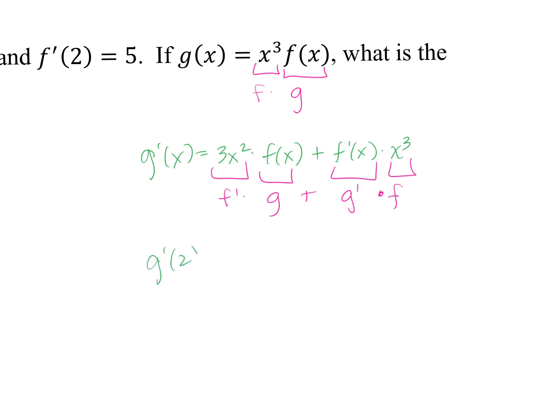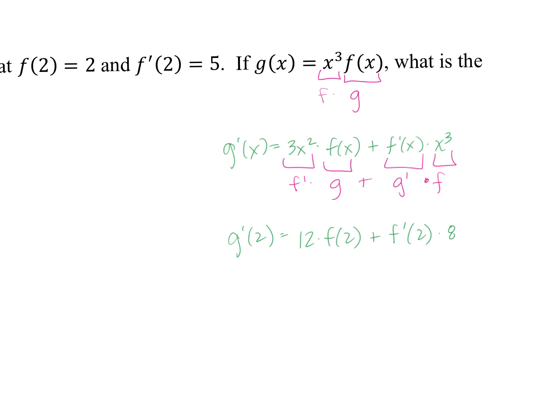G prime of 2. I'm going to plug a 2 in for every x. 2 squared times 3? 12. Times f of 2. I'm going to write it out. You guys might throw in values, but I'm just going to write it out so that I know where numbers are coming from.